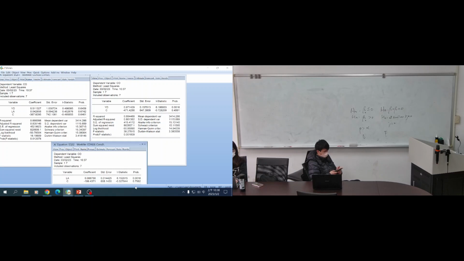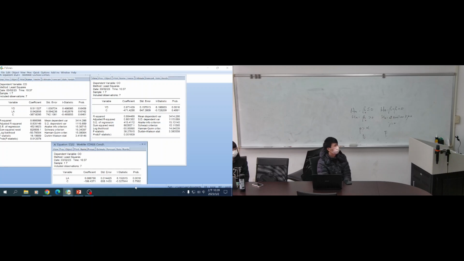Is that significant? It is, right? The p-value is small. And look at the adjusted R square. With YD, the adjusted R square is still 86%. With these 2 variables it is 83.5. So 1 variable is even better.